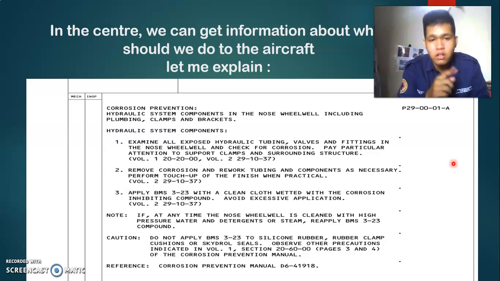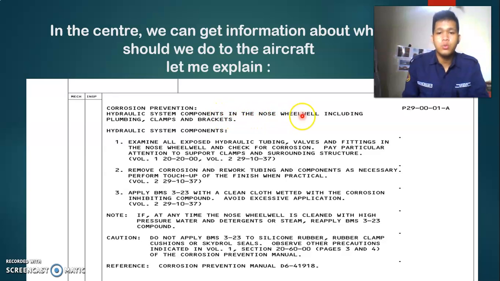First, we do the hydraulic system compartment in the nose wheel well, including plumbing, clamps, and brakes. So in the nose wheel well, they have plumbing, clamps, and brakes. In the last paper we can see this.